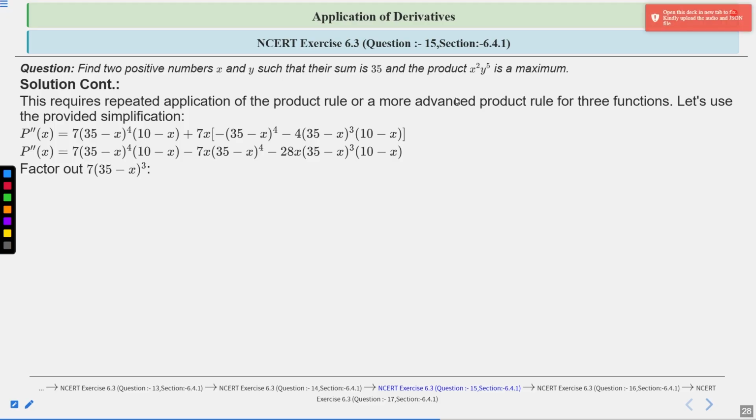Now factor out 7 times (35 minus x) cubed. We will get p double dash x equal to 7 times (35 minus x) cubed into [(35 minus x) into (10 minus x) minus x into (35 minus x) minus 4x into (10 minus x)].